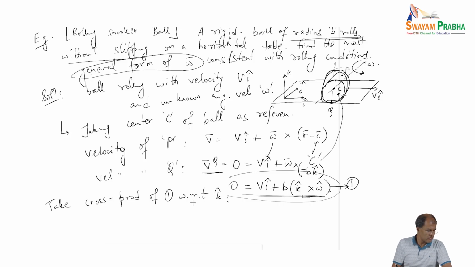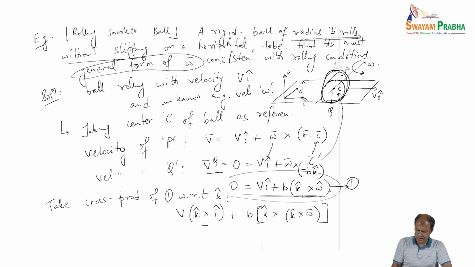And we see that this is going to be V times K cross I plus B times K cross with K cross omega, right?